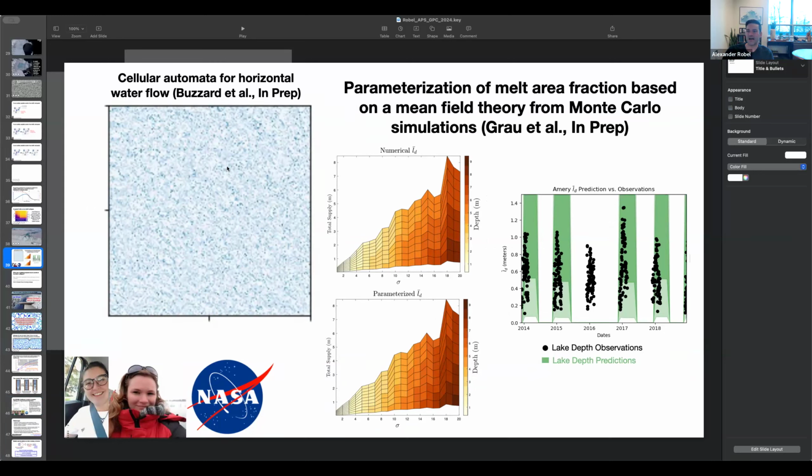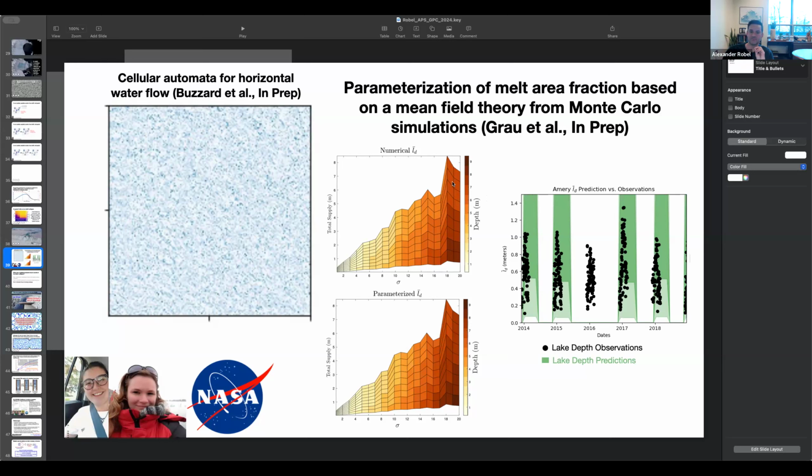But you can envision, and this is exactly what Danielle will be doing for the last chapter of her PhD, an ice sheet model where you have something like a zero stress model for fracture propagation in the ice shelf.